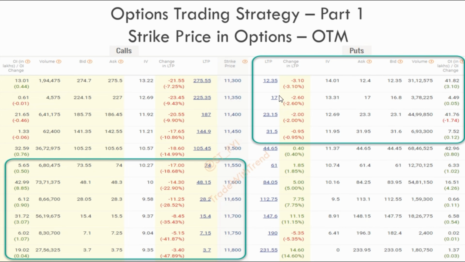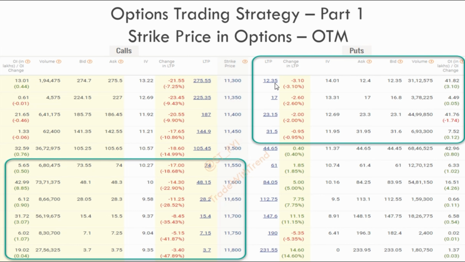Now let us take a look at out of the money options. Again assuming that Nifty is trading at 11,500, all the strike prices that are above the 11,500 spot price are out of the money call options. So 11,550, 600, 650, 700, so on and so forth, are out of the money call options.